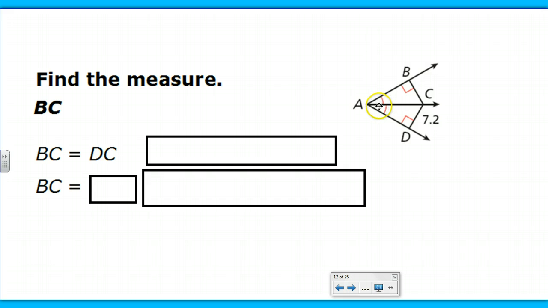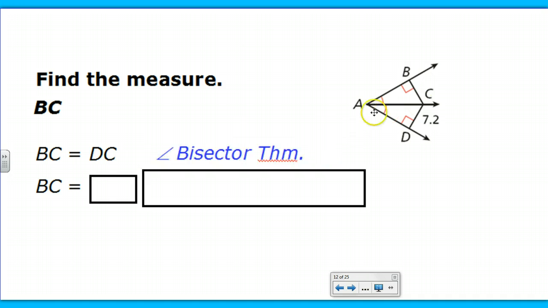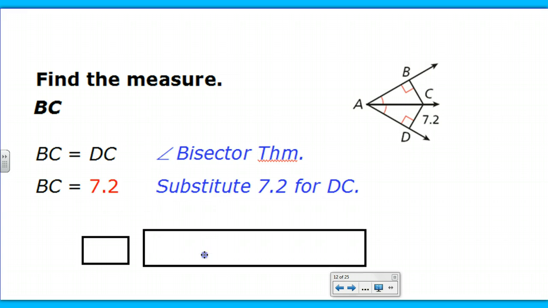And we can tell that by the given information that these two smaller angles are congruent. So that is by the angle bisector theorem. And because we are bisecting, the length BC should be equal to DC, and we know that DC equals 7.2, right? So BC equals 7.2 by substitution.